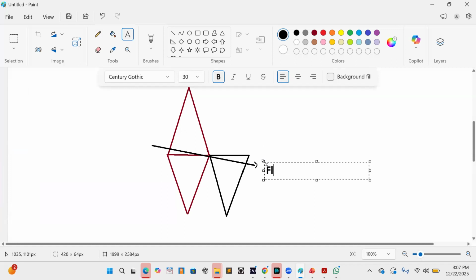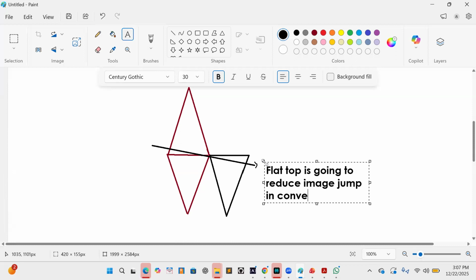And that's why a flat top is going to reduce image jump, which is a very, very important MCQ in convex lens, which we use to correct hyperopia.